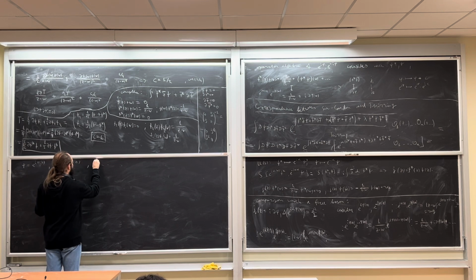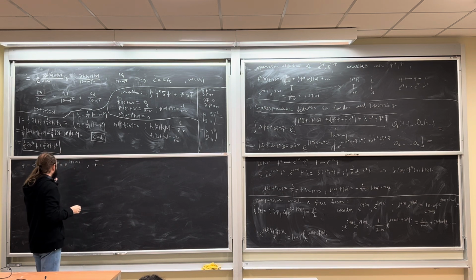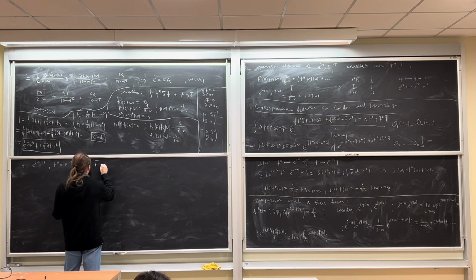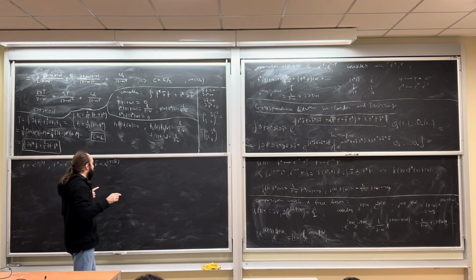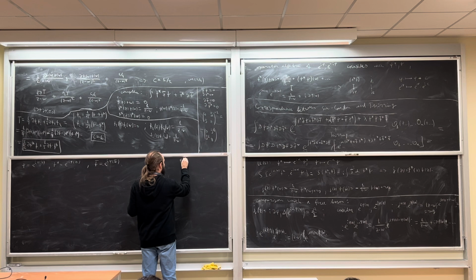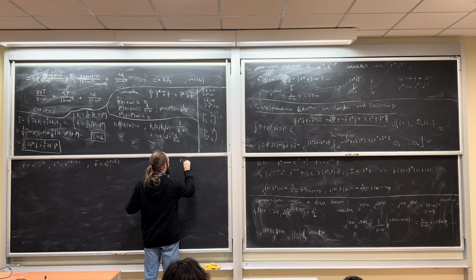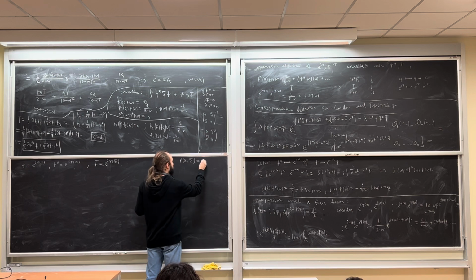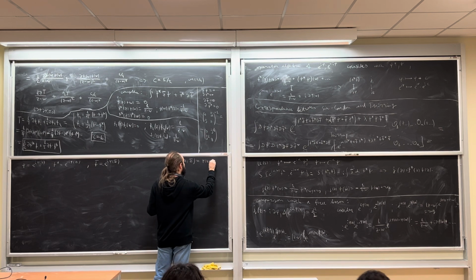We also need to write something for this bar component, and let us say that psi bar is e to the i phi of z bar. We say that our phi there is some bosonic field, which is the sum of phi of z plus phi of z bar.